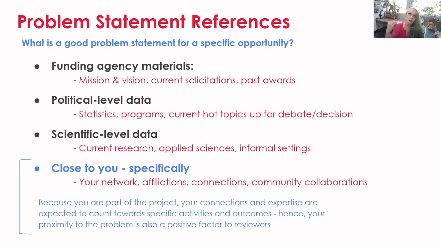If we're going to submit a grant to a certain funding agency, then we really want to understand their mission, their vision, what they are all about, and their current solicitations, so what's open. It's really good to understand. So if they're looking for a lot of things around education, they are very oriented towards education.